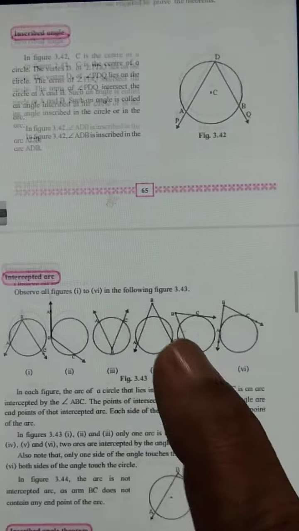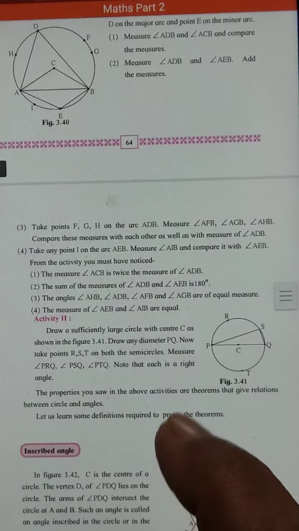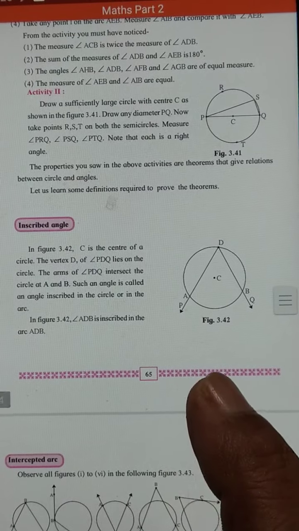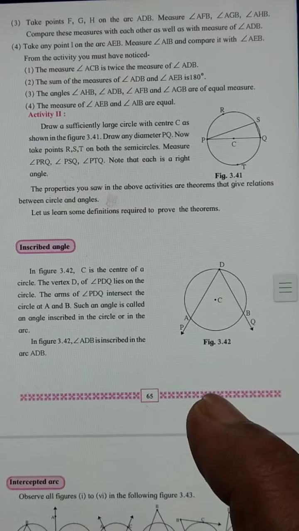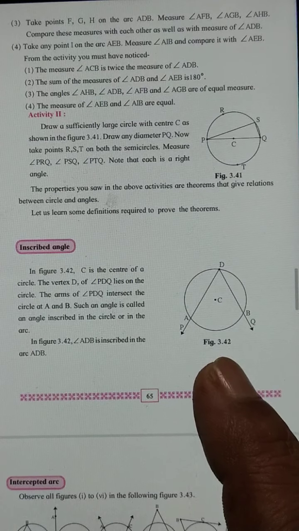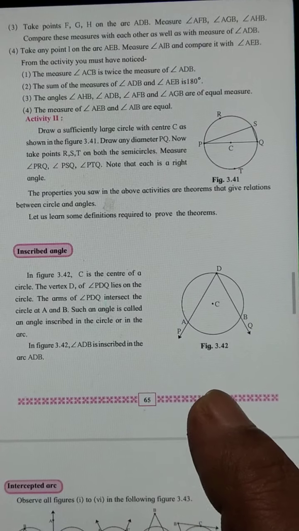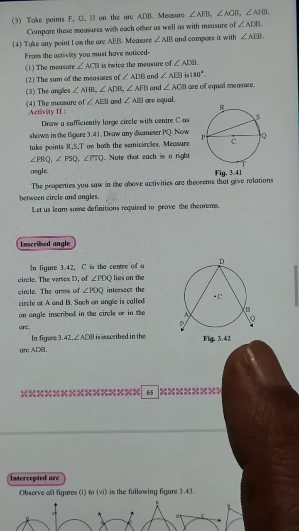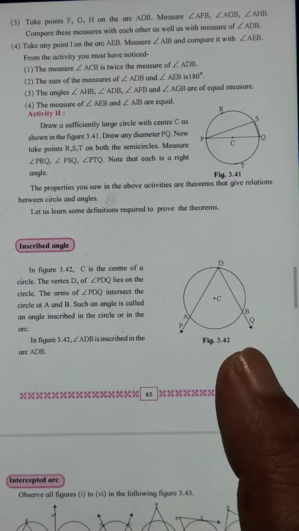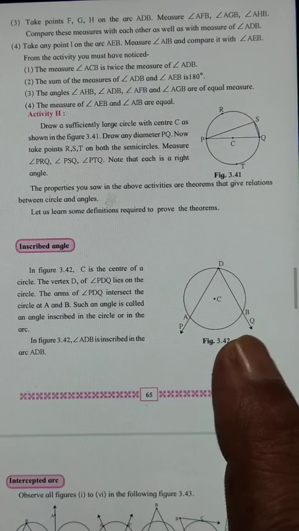Now let us see here on page number 65. Now we have to learn about inscribed angle. What is meant by inscribed angle? Let us see in this figure.